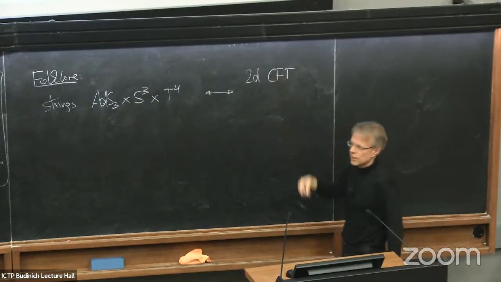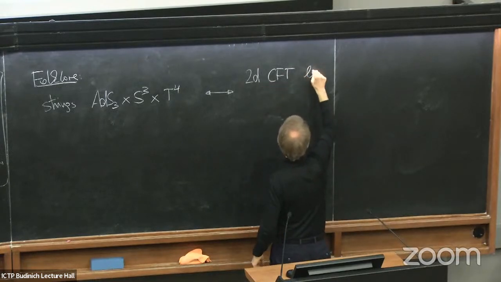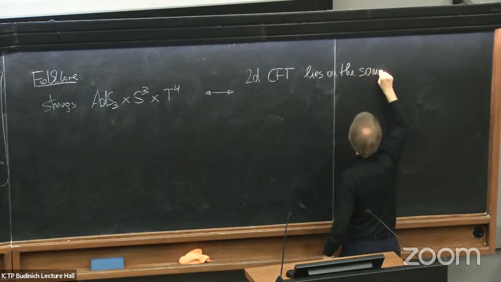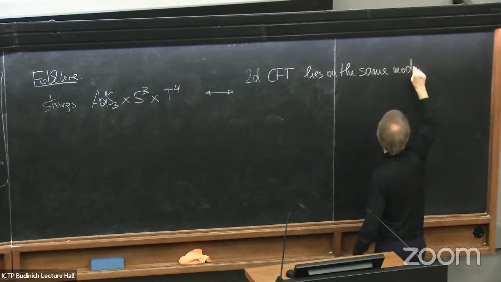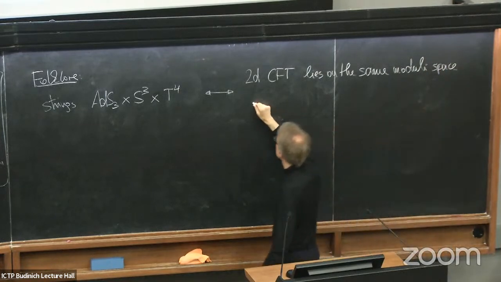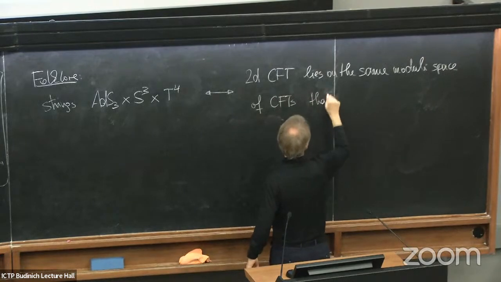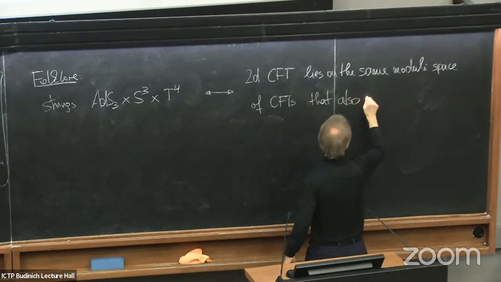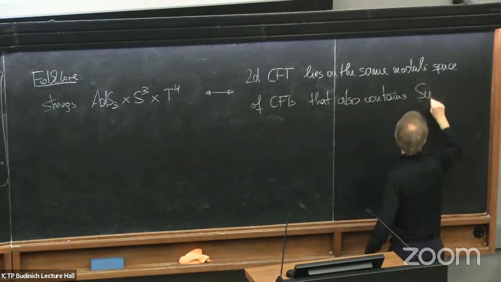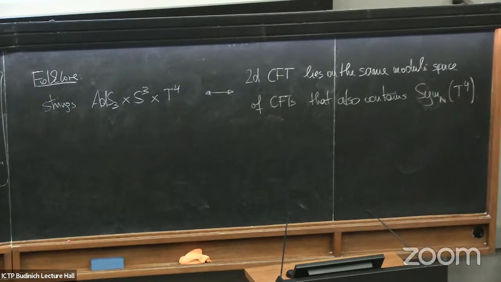So which 2D CFT is it? Well, it's a 2D CFT that lies on the same moduli space, and I'll explain this in a second, of CFTs that also contains the symmetric orbifold of T4.